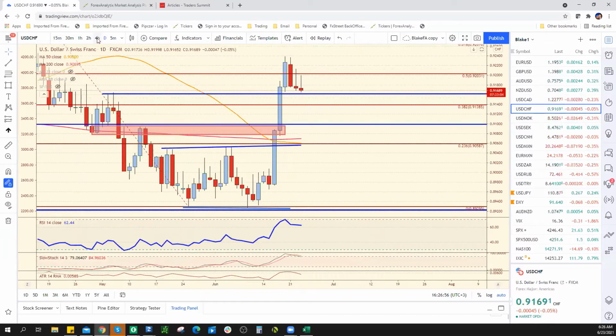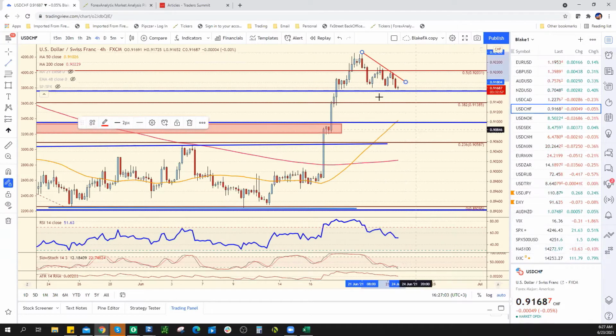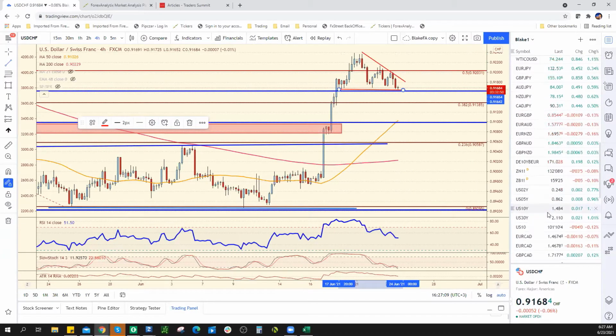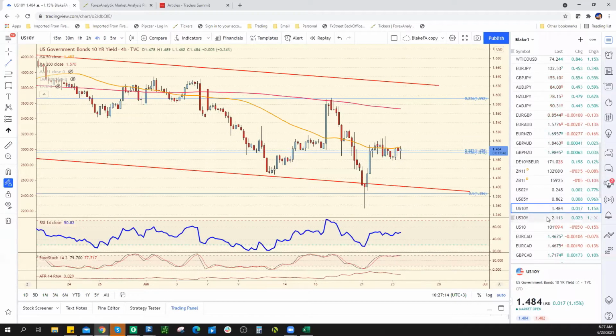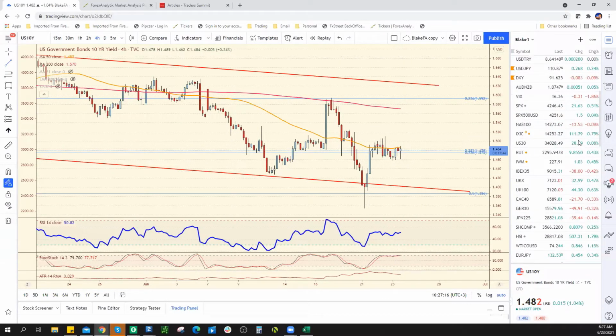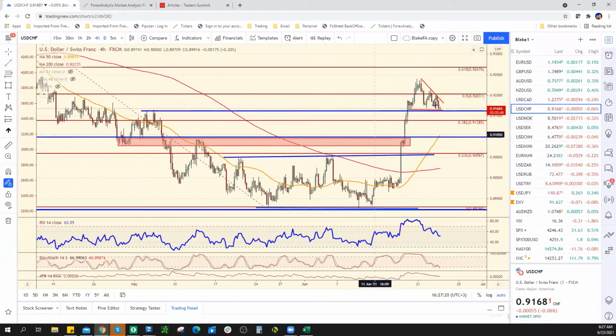But dollar Swiss. Now the dollar Swiss is holding up. This is actually holding up really well. If I was bearish dollar Swiss, I'd be worried about this because yields have been coming down a little bit today, and it has not affected it. They just bounced, but they were coming down earlier. The dollar Swiss isn't pulling back, and that's fairly impressive here. So I'm going to write down support as being 91.60, resistance at 92.40.